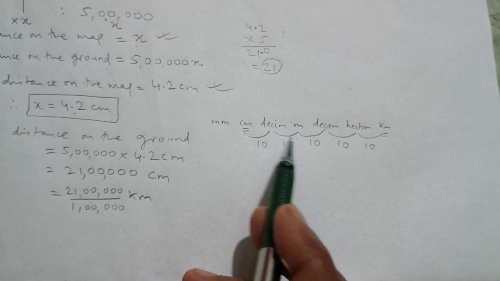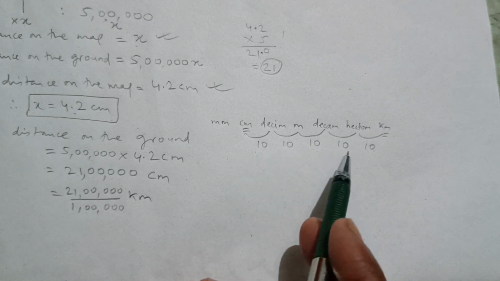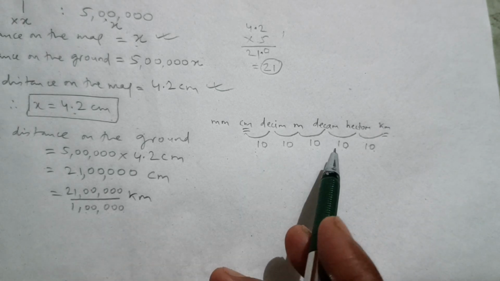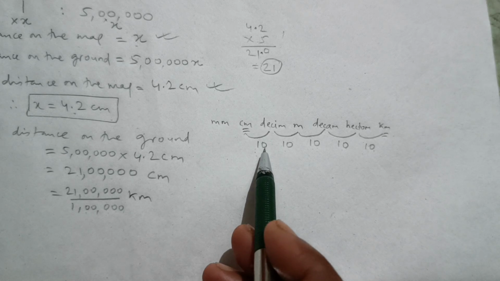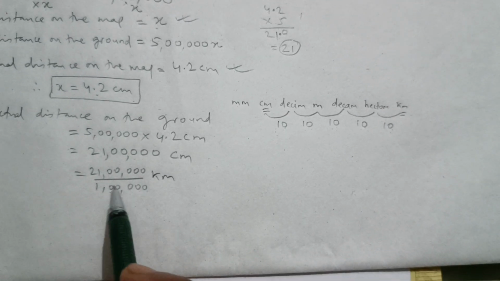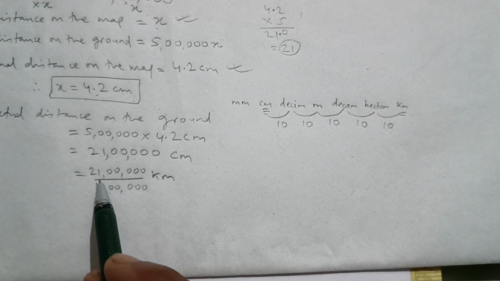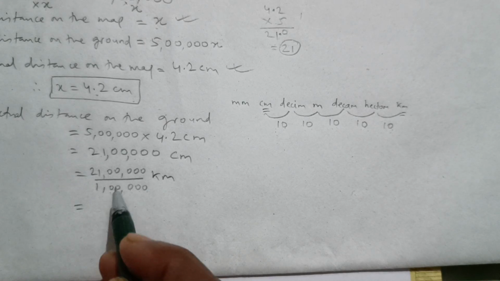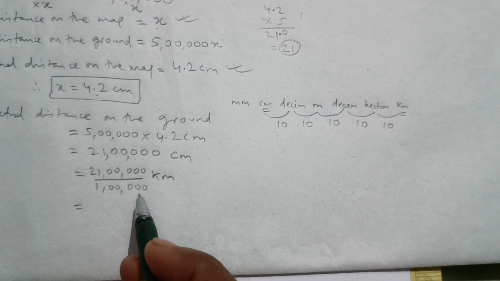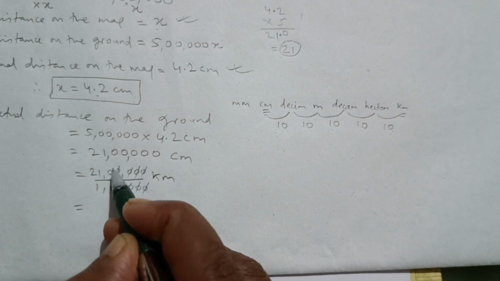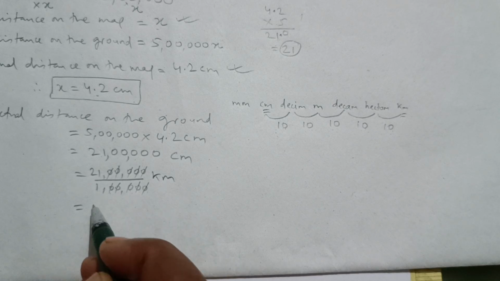So to convert centimeter to kilometer, we have to divide by 1 lakh. 1 lakh has 5 zeros, and here also you will see 5 zeros. So therefore I am dividing by 1 lakh. 21 lakh divided by 1 lakh is 21 by 1, which is 21.